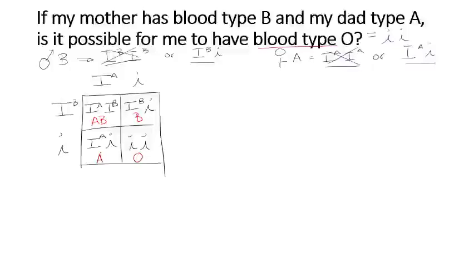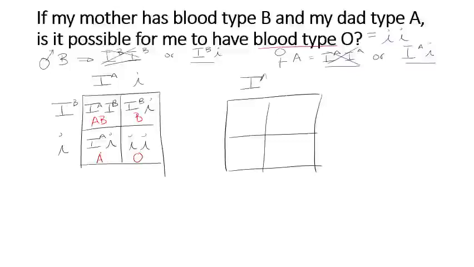Let's see what happens if one of them is heterozygous and the other one is homozygous. What do you think is going to happen? Let's keep dad as heterozygous and let's make mom homozygous. And that would work the same if I swapped dad around and made mom heterozygous. So we end up crossing this over.